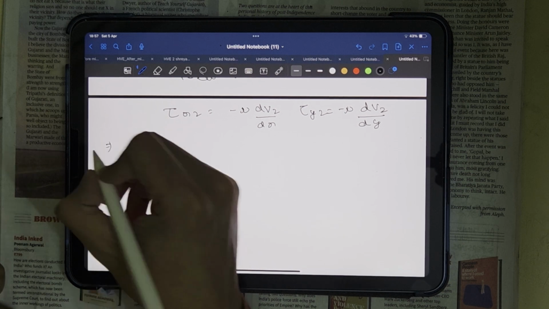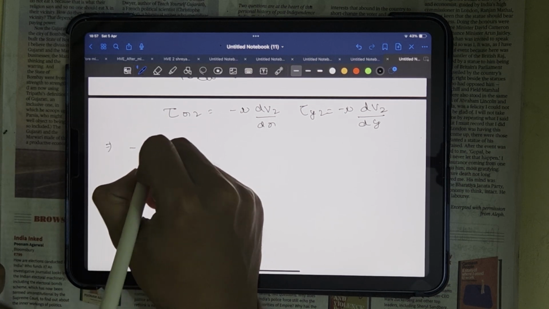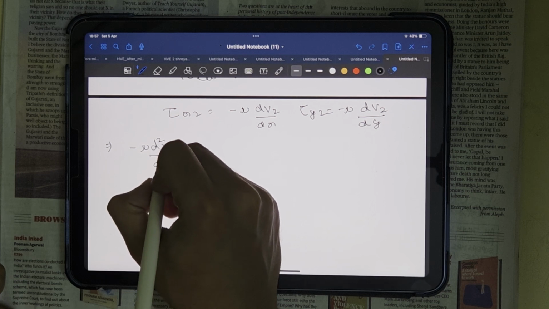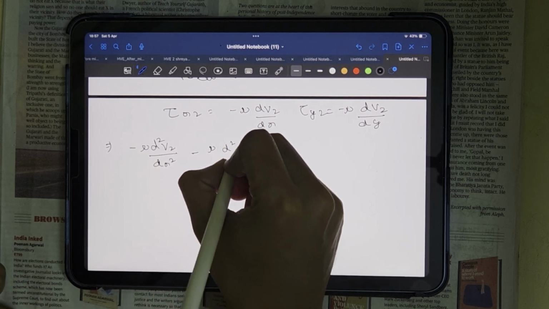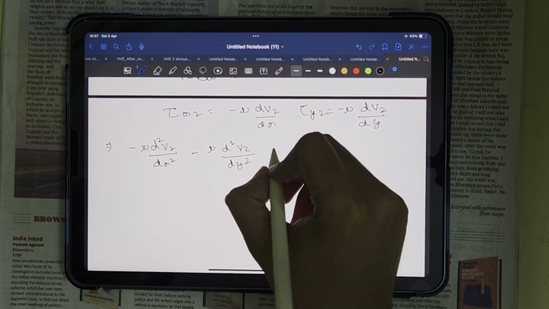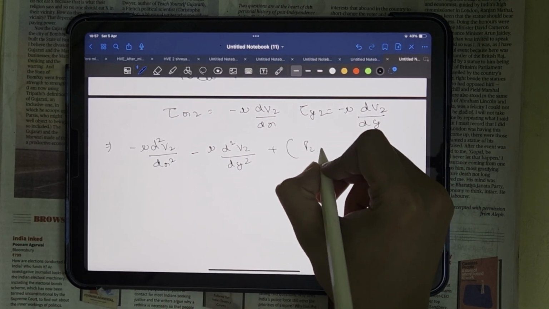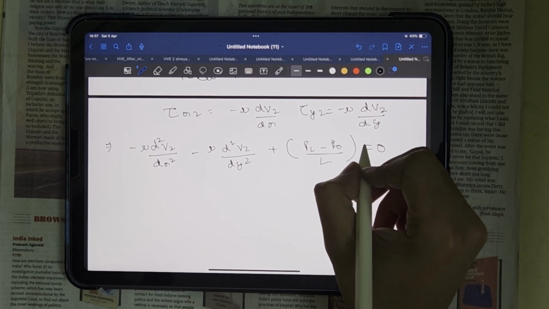So now we will get minus mu d square vz by dx square minus mu d square vz by dy square plus pl minus p0 by l is equal to 0.